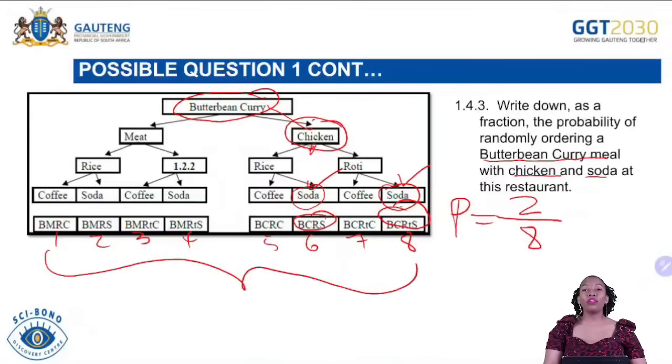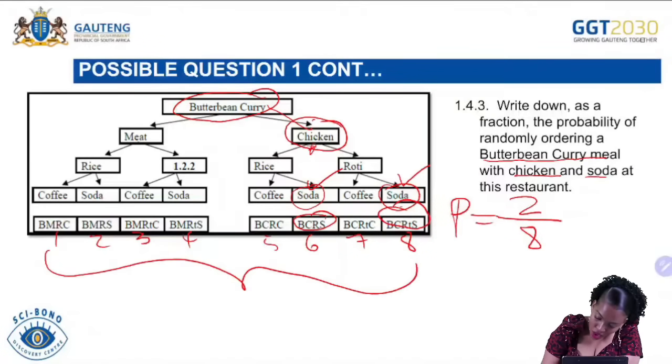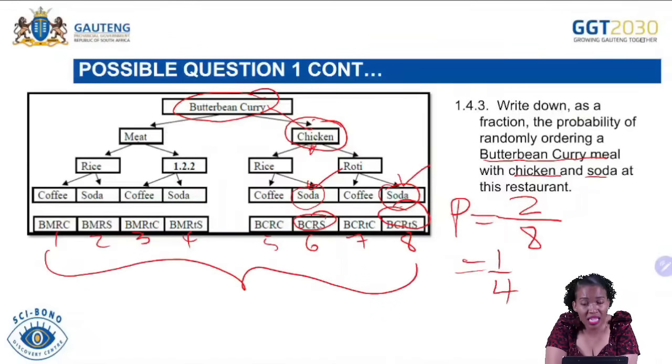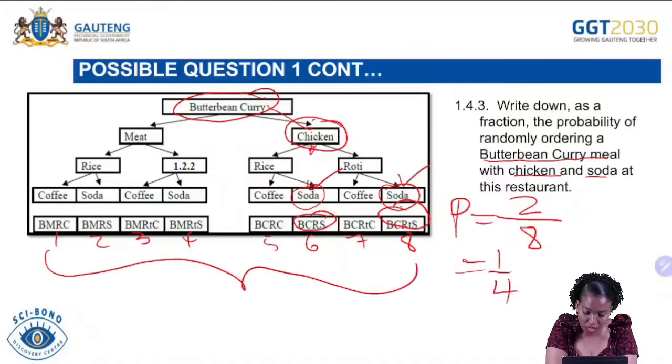Guys, this is probability. Once you write it down as a fraction, you punch it in your calculator. You say 2 divided by 8, and then you get 1/4. So when you write your probability, it must always be simplified. They will not tell you to simplify it. You must know that you need to simplify your probability when it is given as a fraction.